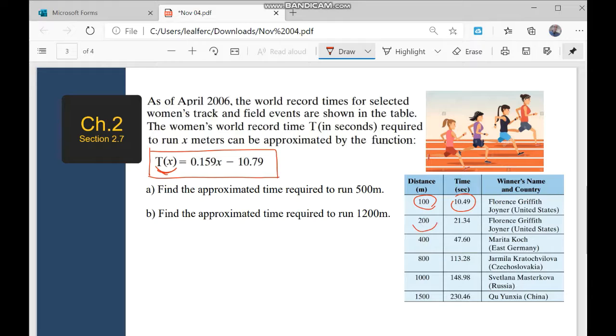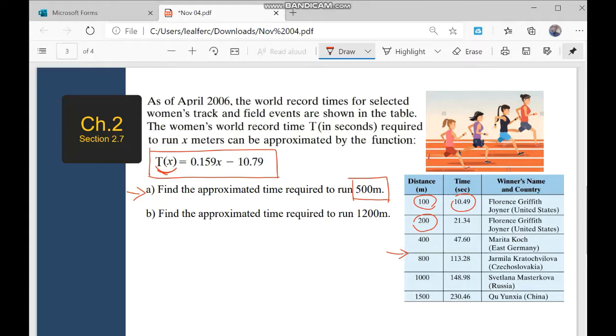If the distance is 200, the time is going to be approximated 21.34, and so on. But why do we need the function? That's the reason. If you want to find the time needed for 500 meters, which is between 400 and 800, you don't have it on the table.